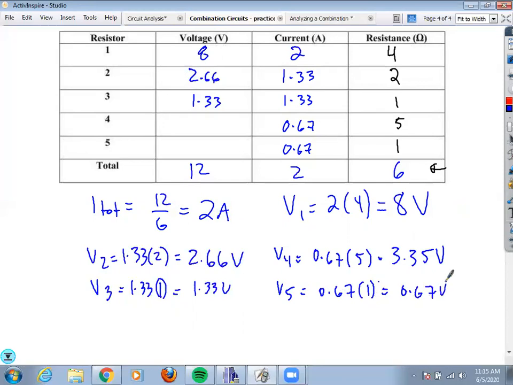So V4 is 3.35 and V5 is 0.67, and these two should add up to 4 if we're doing the series.